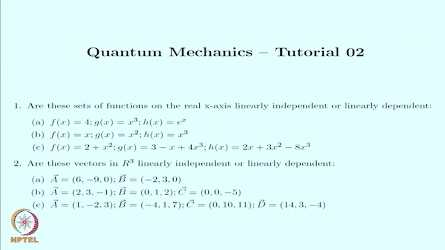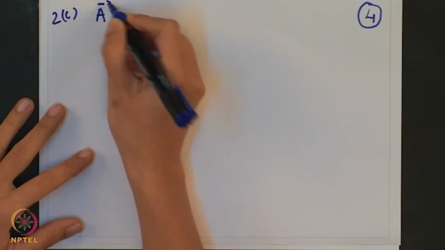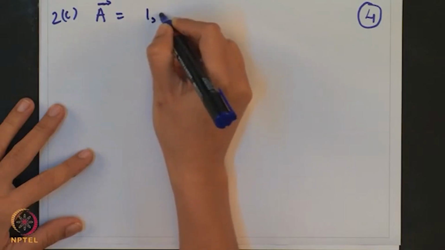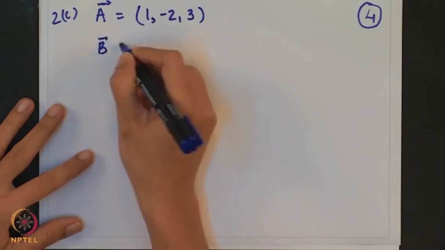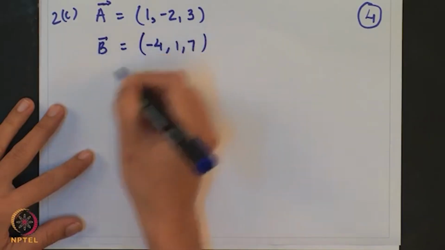Okay. And the same exercise goes for the last problem. It will be a little lengthy but not difficult, so you can just try this out. A, in the same manner as I did, 1, 2 and 3. B is -4, 1 and 7.